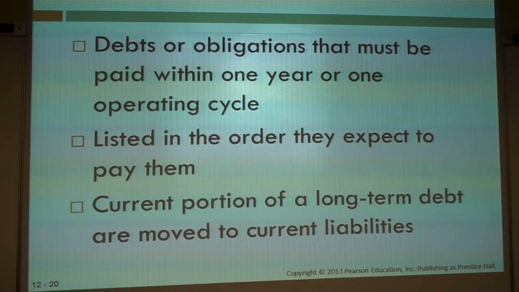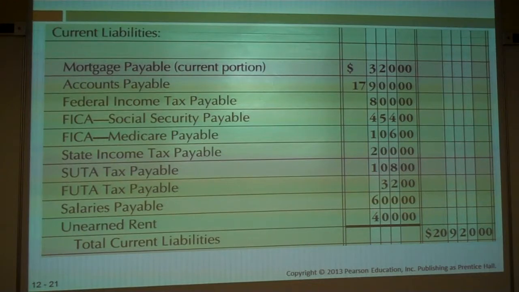So if we have a mortgage and we have a monthly payment for the mortgage, we'd want to move that monthly amount to the current. Here's an example of current liabilities, and the current portion of the mortgage is under the current liabilities, accounts payable, then all of our taxes payable, salaries payable, and earned rent. Total current liabilities.